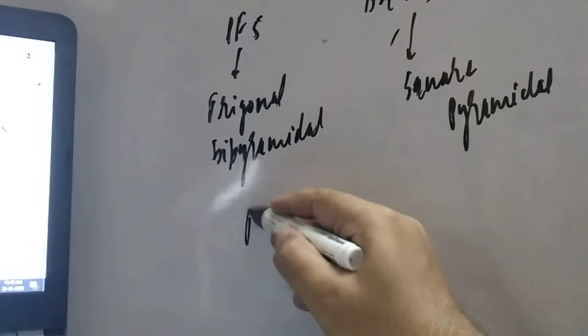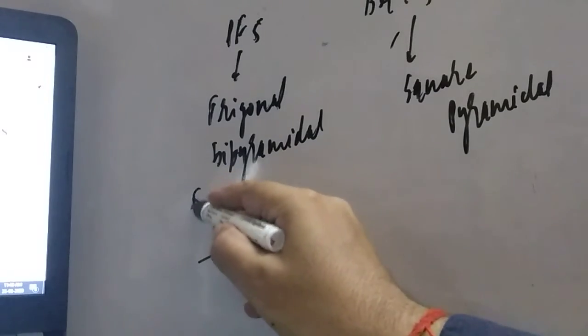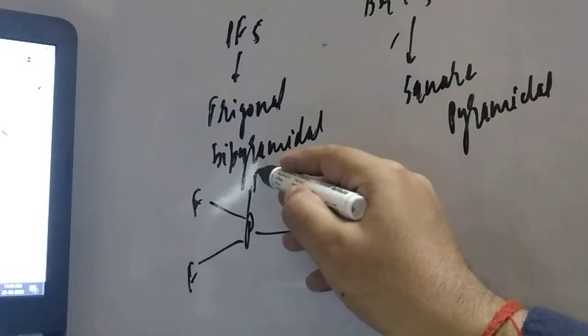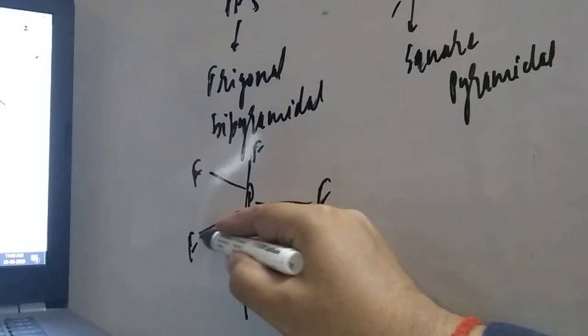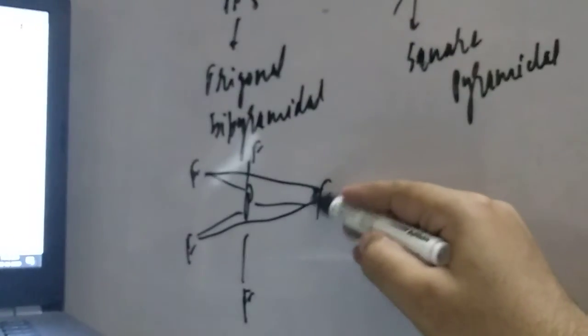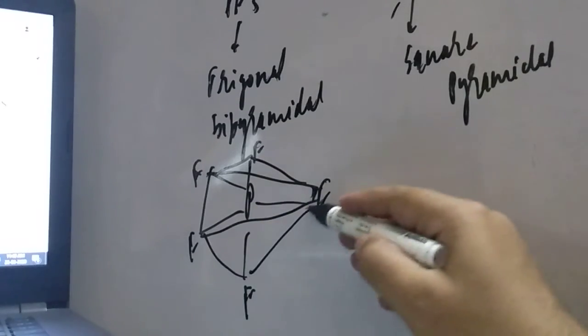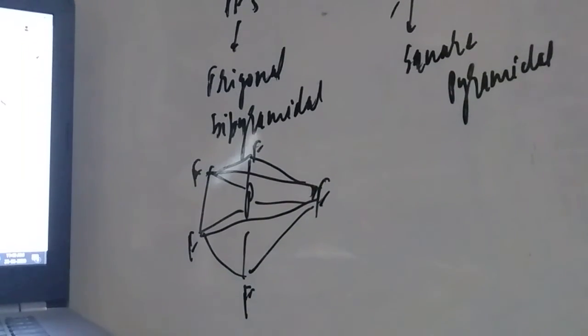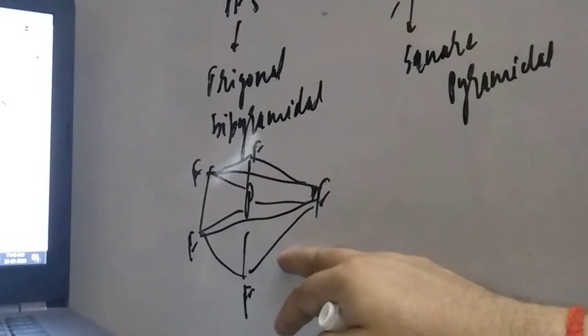So P is here, student, and here is PF5, you can write it like that. Here is F, here is F and F downside. This kind of structure is known as trigonal bipyramidal.